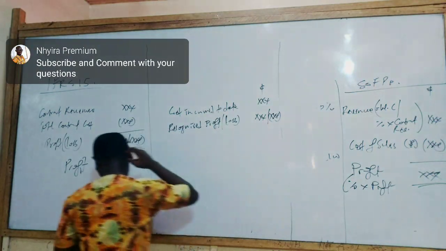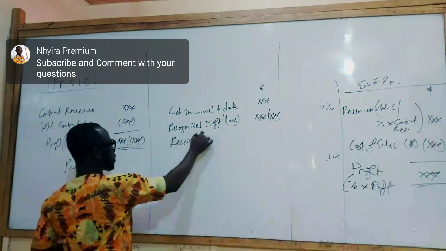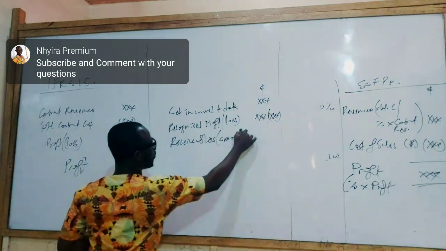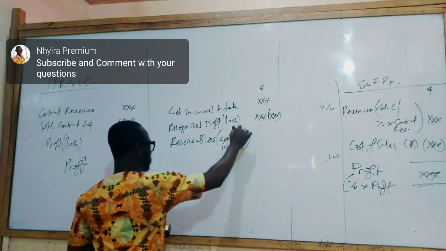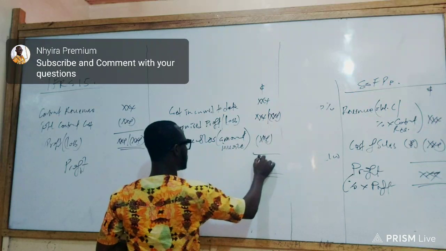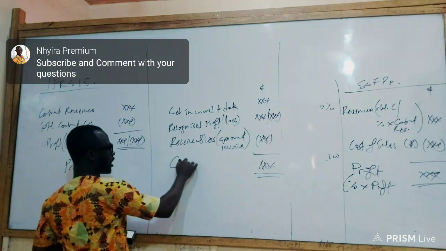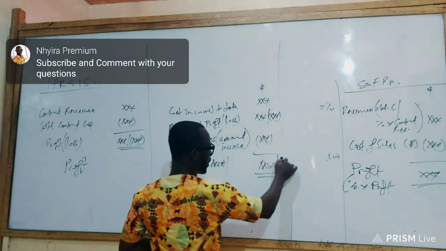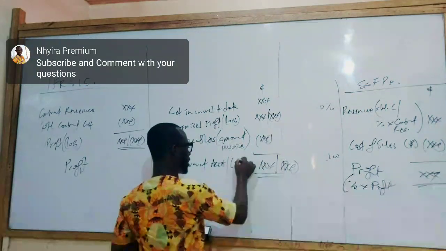Once you bring that, you bring your receivables, and that is the amount you invoice to the customer. That is deducted. Then the balancing figure will be treated as contract assets if it is a positive, but it becomes contract liability if it's a negative.